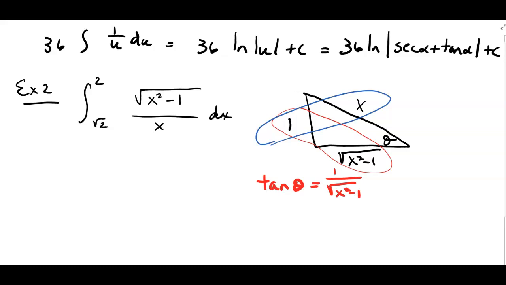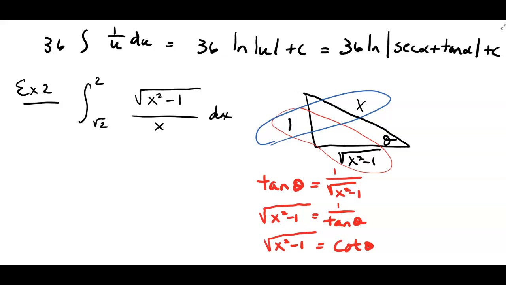That's the one that's going to substitute out our radical x squared minus 1. We can finish that off. Solve for the radical x squared minus 1. You start to see a pattern here. The radical x squared minus 1 equals 1 over tan theta, which, we don't like to write it that way, so cotan theta. There we go. Now we have something to replace the radical with.